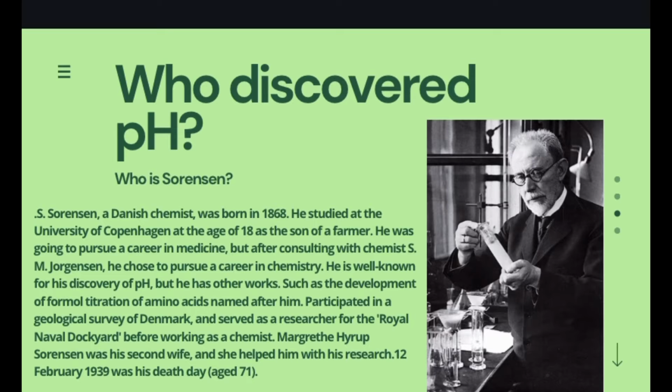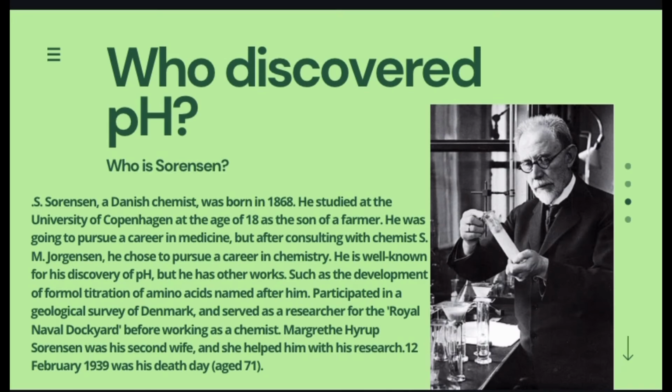He's well known for his discovery of pH, which is what we're speaking about, and he has other works as well, such as development of formal titration of amino acids named after him. He participated in a geological survey of Denmark, and he served as a researcher for the Royal Naval Dockyard before working as a chemist.